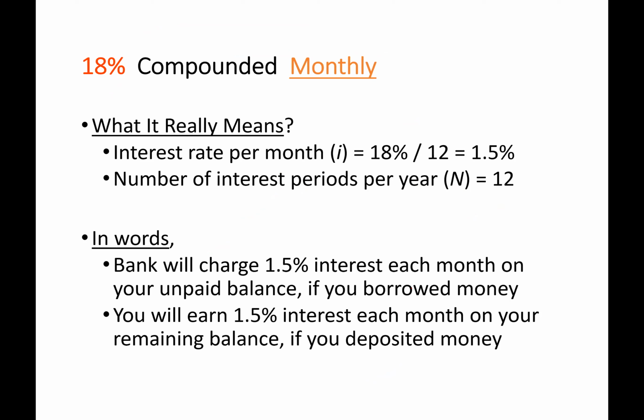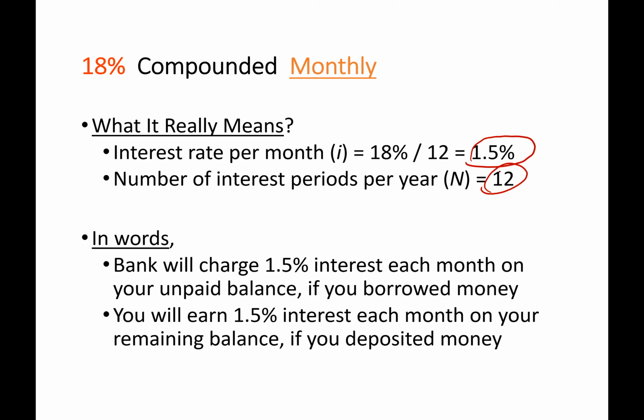And this 18% compounding monthly, what it really means is the interest rate per month is 18% divided by 12, so it's 1.5% per month. But remember, the interest you earn from the first month will generate interest for the second month and the upcoming months. That means for the second month, the interest will be slightly higher compared to the first month. And the number of compounding periods is 12.